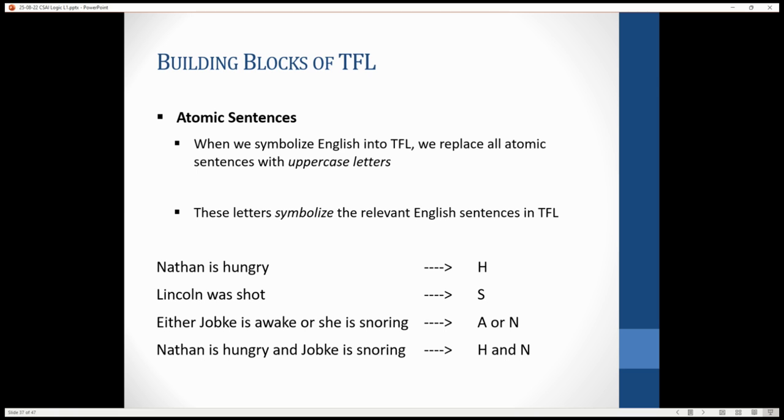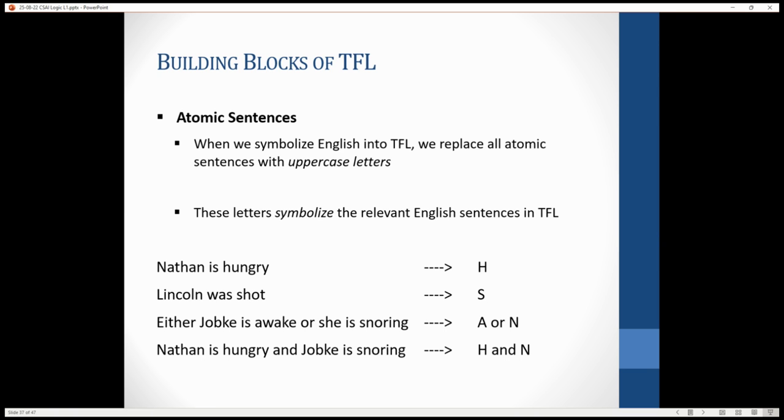Now note, it's important to say that they symbolize. They are not translations. Why are they not translations? They have no meaning, and translations preserve meaning, or at least they try to. And we don't care about meaning. We're just symbolizing.